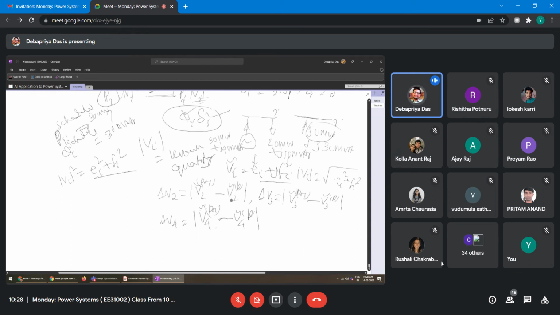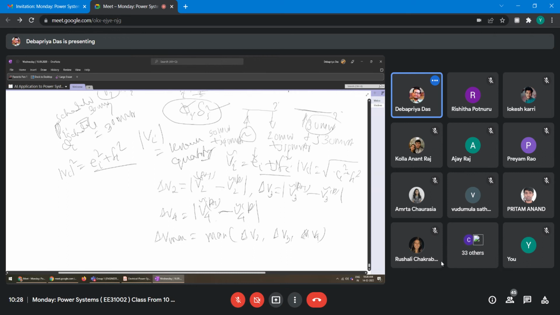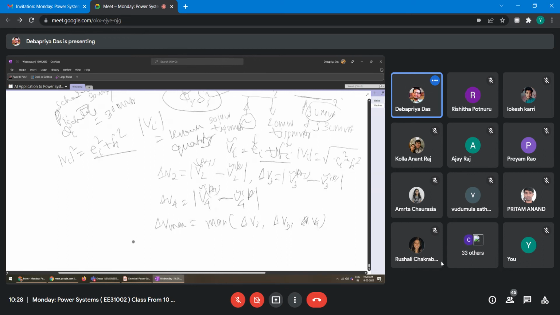Then you take delta V max is equal to the max of, in this case, delta V2, delta V3, delta V4, whatever value will come. And if this delta V max is less than or equal to epsilon, then you assume the solution has converged.